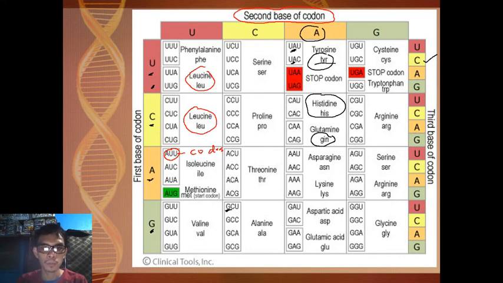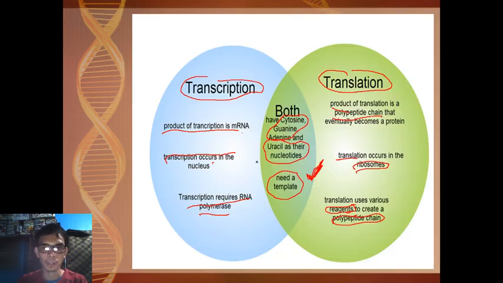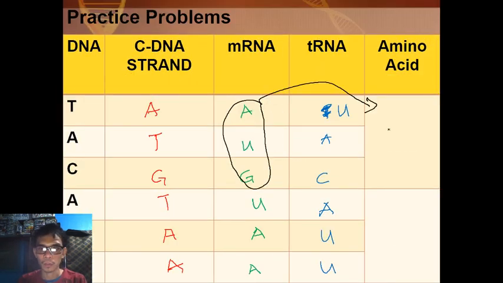U on this row, and G. So AUG is methionine, or literally start. So let's put it there. So we have start. You can put start or methionine if you want to. You can also use the abbreviation MET, or start.